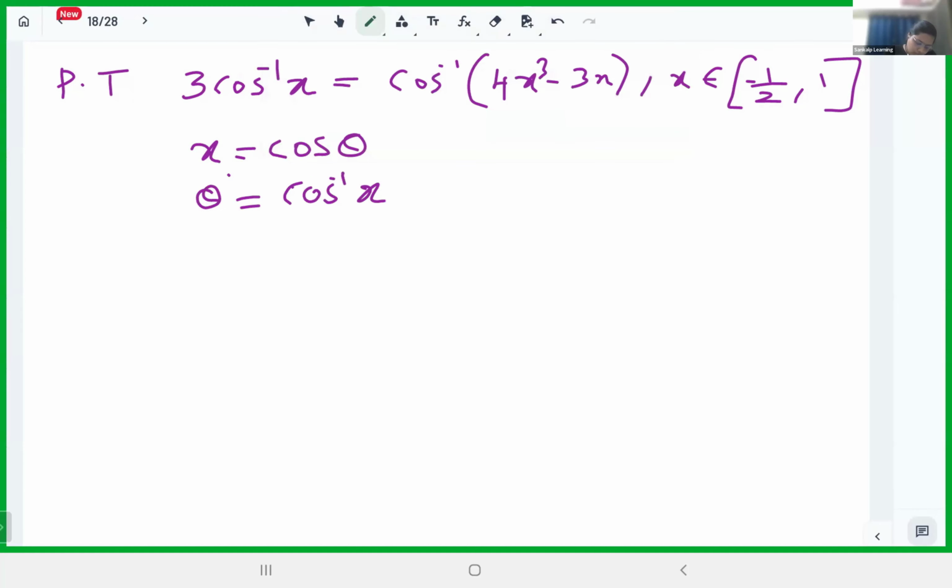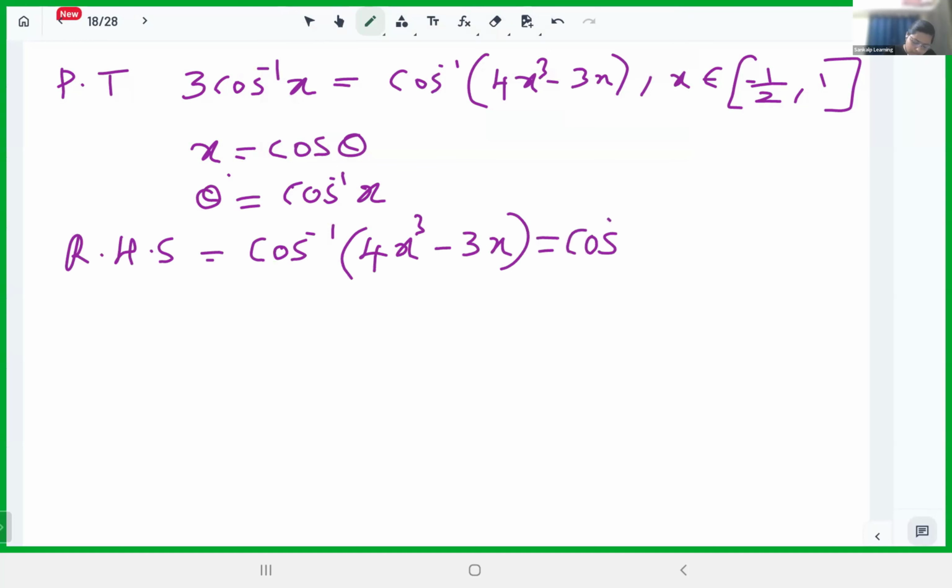Okay, so here if I start from RHS, that is cos inverse of (4x cube minus 3x), that is equal to cos inverse of 4 into, what is x? x is cos theta.